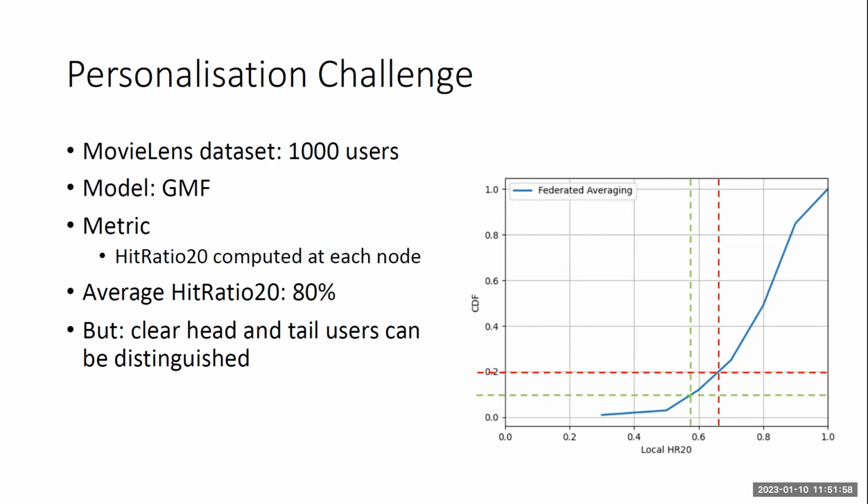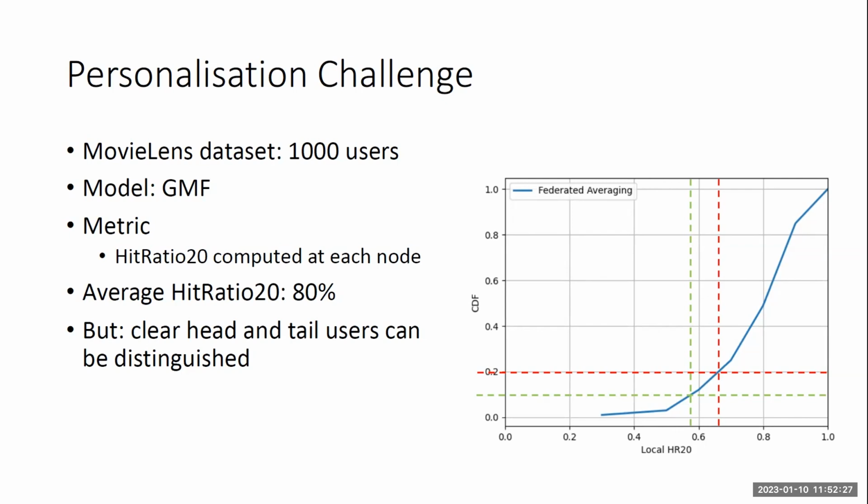So here, we show that if you run the recommender system in a decentralized manner using a classical model aggregation function, on average you get an 80% hit ratio. So it seems that the users are quite happy with the quality of the recommendations they obtain.